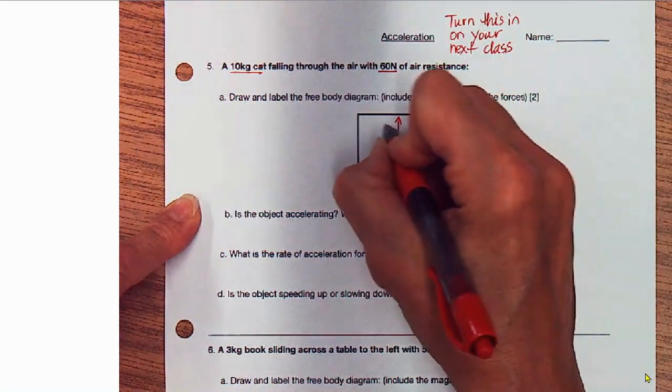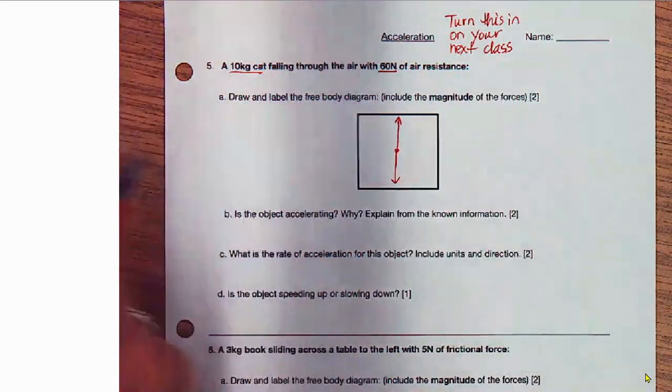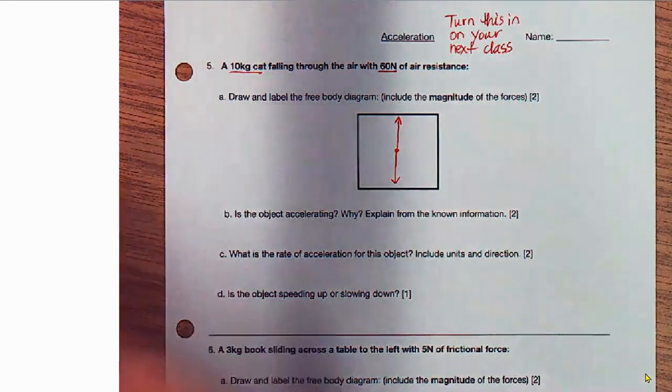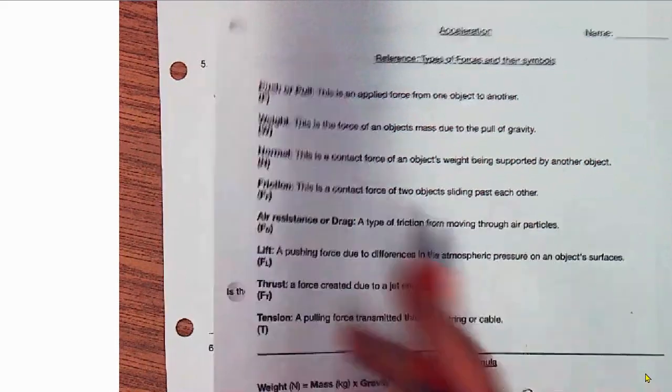The air resistance we're going to write as FD. So if you look back at your symbols, air resistance or drag is FD.